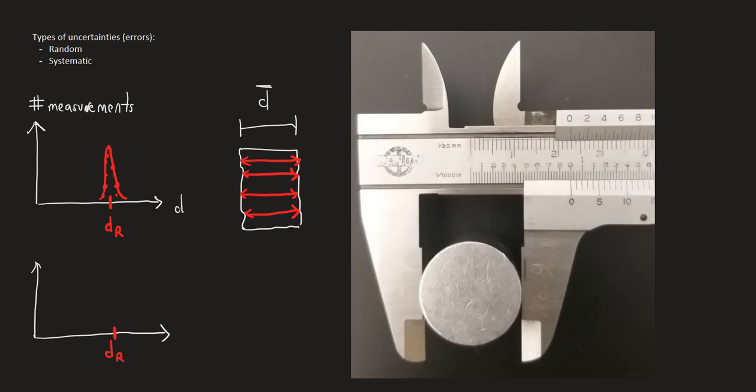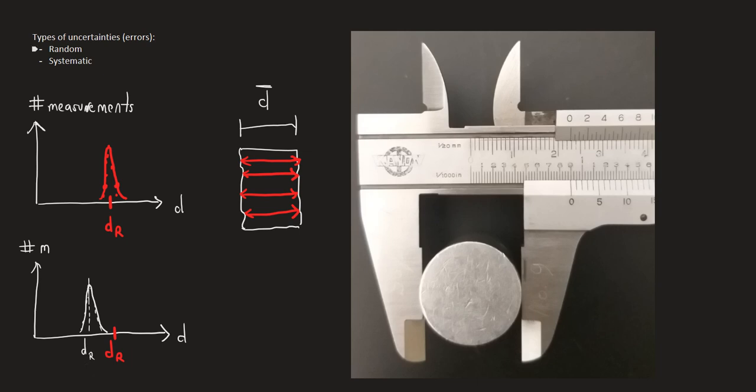The number of measurements that you are performing is given by this axis, and here the diameter that you are actually measuring. So the diameter that you are measuring is maybe false here, for instance. We have a certain normal distribution of points falling here, but the center of this distribution is a little bit displaced from the original.